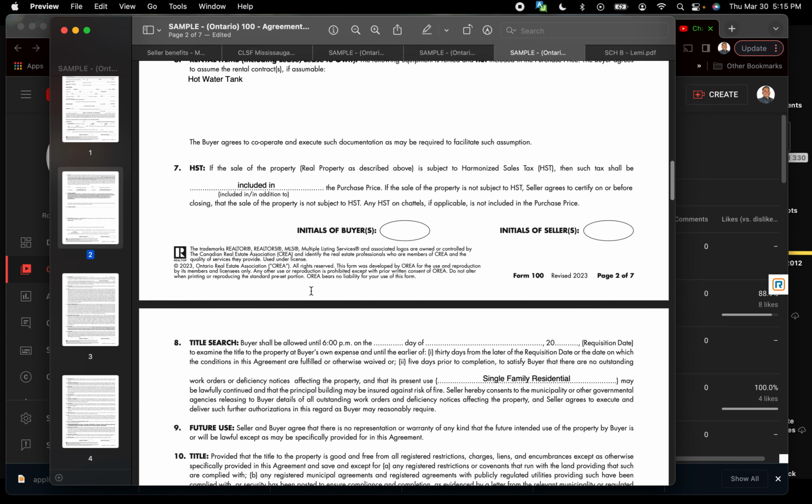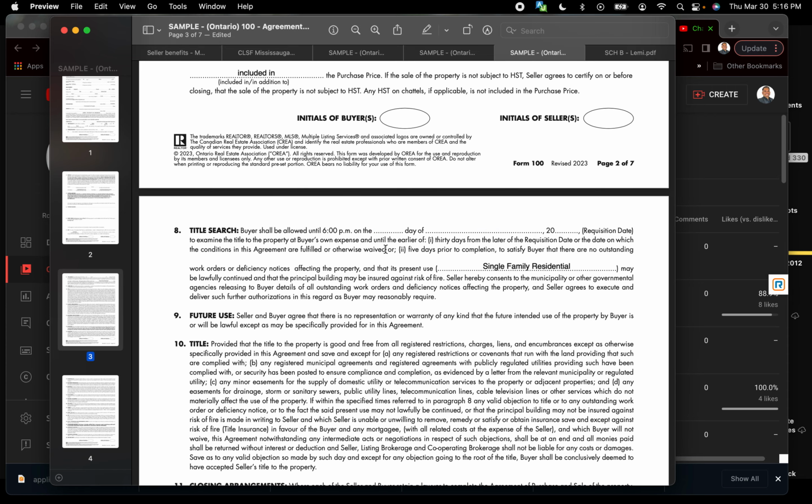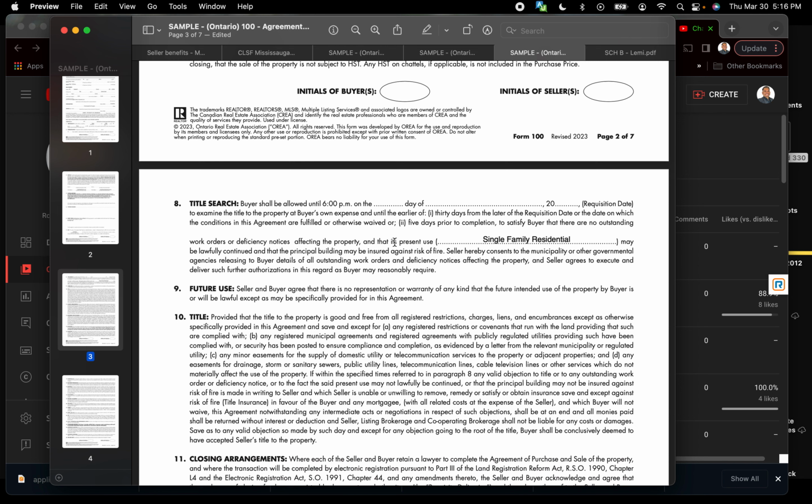All right. So the next thing here is the title search. This is the date which the lawyer has the time to make sure that the home is not used for any collaterals or does not have any liens on it.